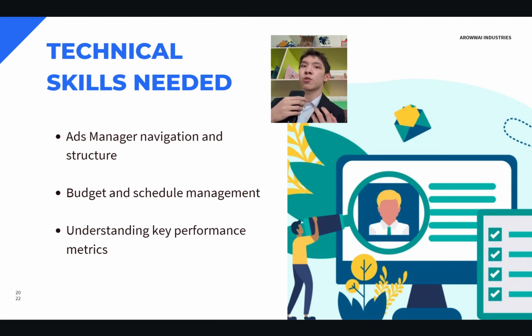Poor budget control often leads to wasted money. And finally, a specialist must understand key performance metrics, and these metrics show whether ads are successful or not. Without understanding those metrics, it's impossible to make informed decisions. Technical skills form the base that everything else depends on.